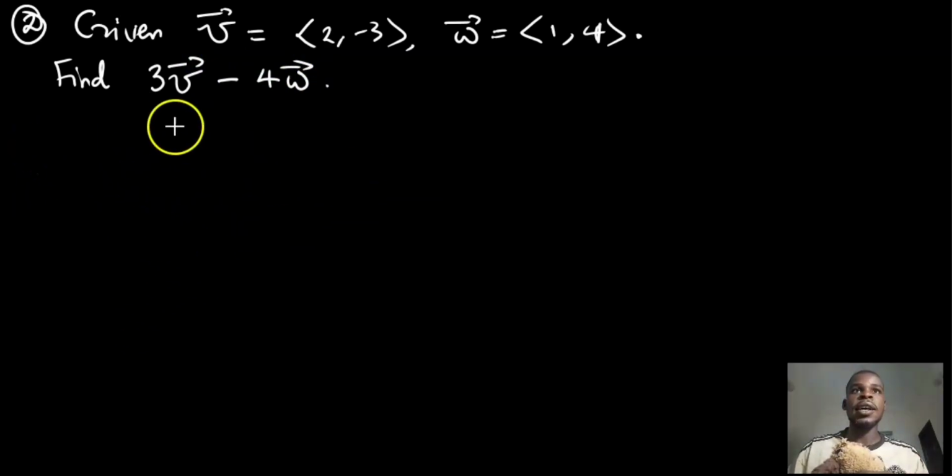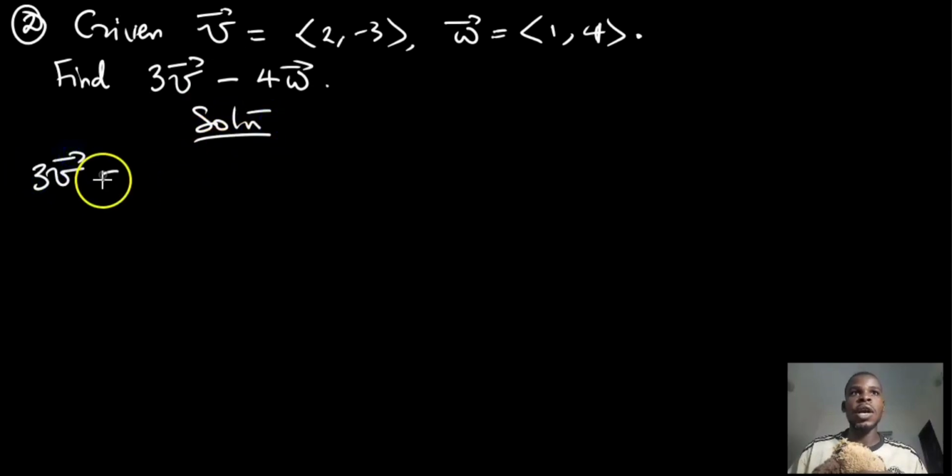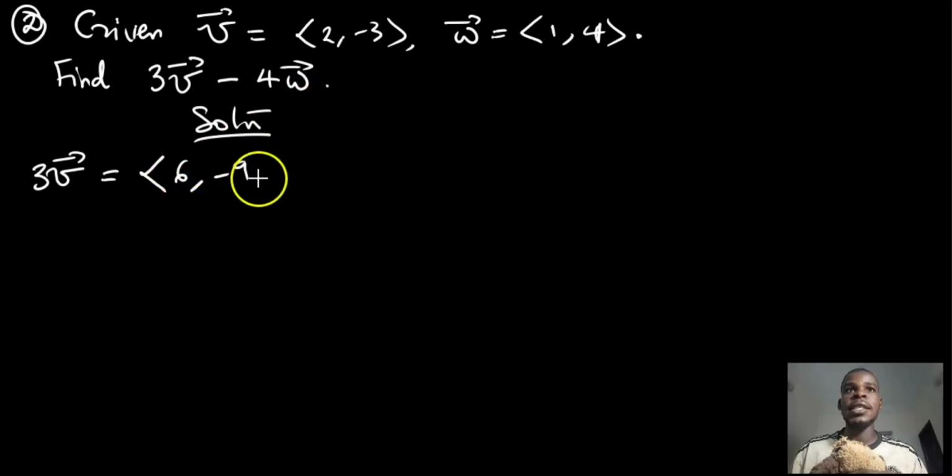So for the solution, we have 3 times vector v. Of course, we know how to compute that. 3 times vector v just means multiply every entry by 3, that is, triple every entry. That will give us 6 and negative 9. So it has the same direction as vector v, but the magnitude is tripled.